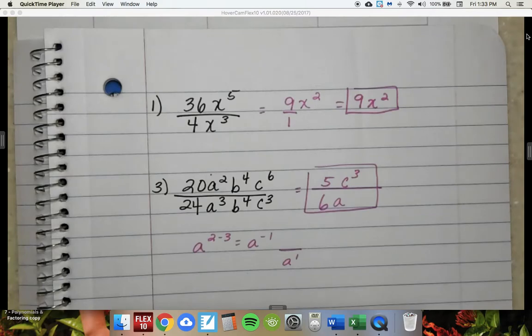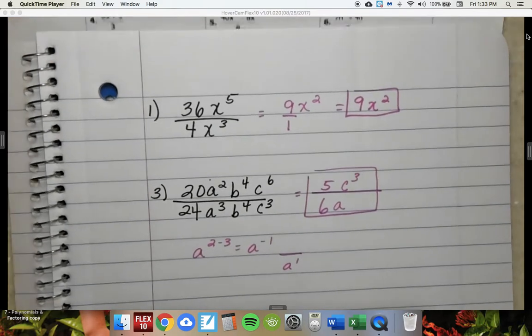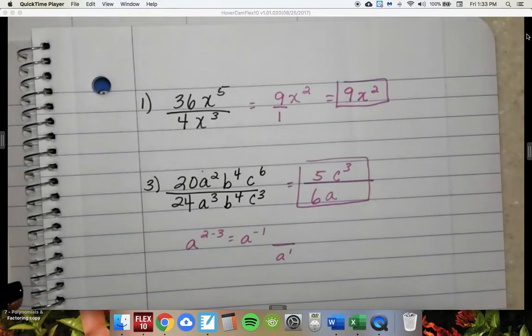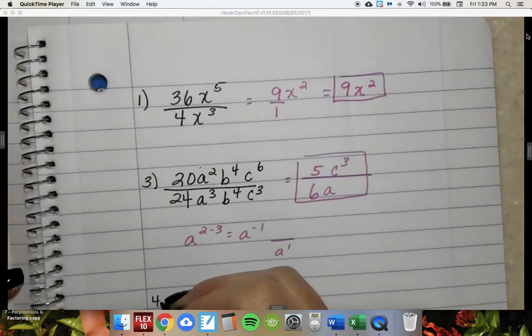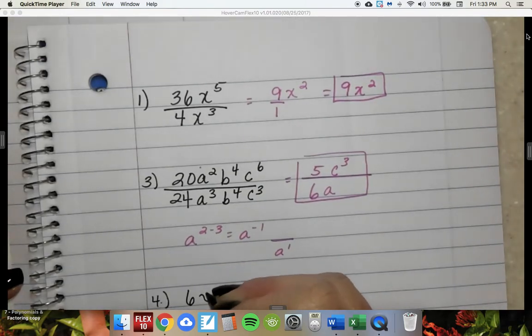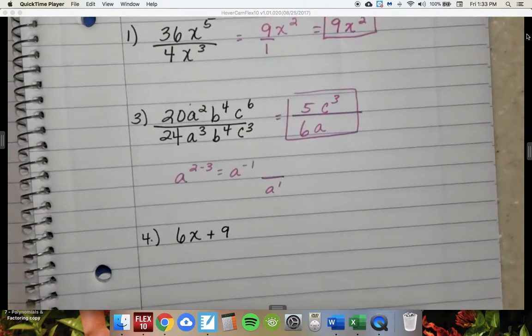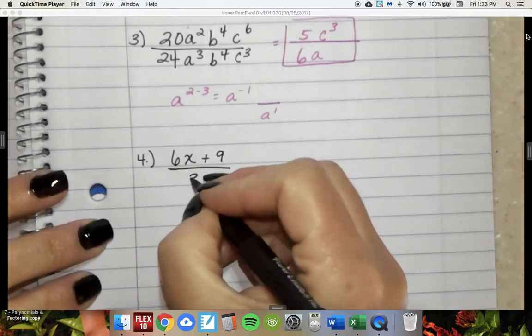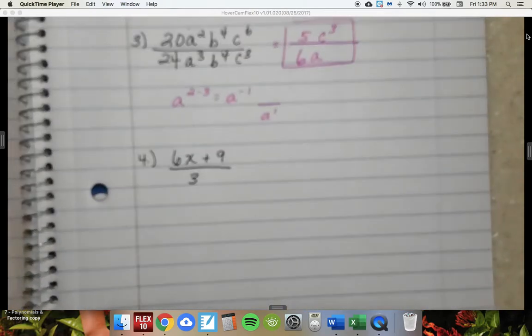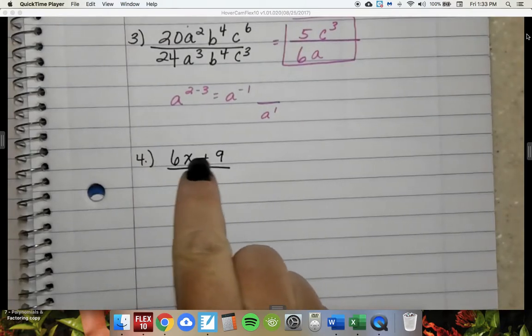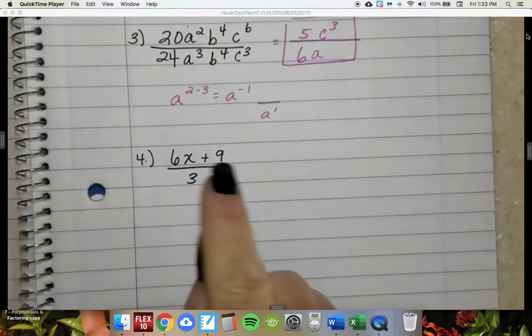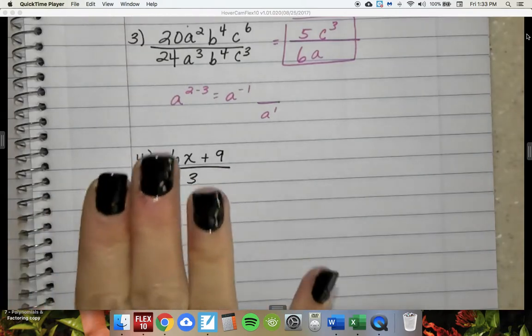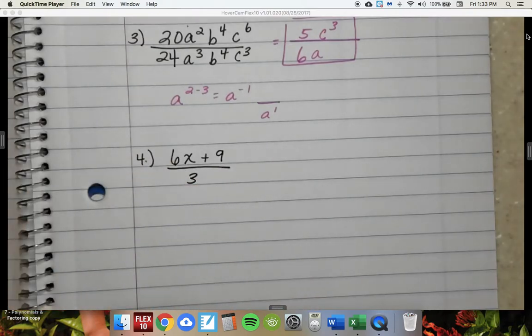Okay, let's do another. Oh, let's do this one. 6x plus 9 on top divided by, check this out, 3. So I want to show this because now we have a binomial on top, right? We have the 6x and we have the plus 9. I want you to understand this when it comes to dividing these.